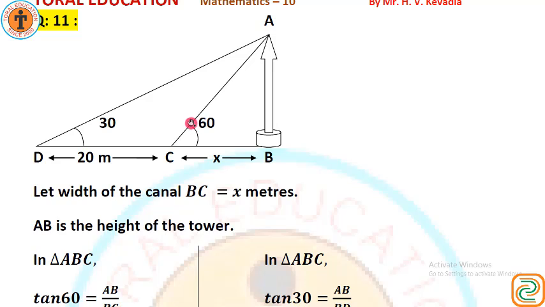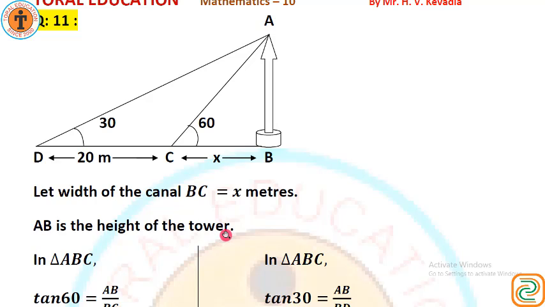From another point 20 meter away, CD is 20 meter, the angle of elevation is 30. Find the height of the tower and the width of the canal. We need to find AB and BC. Let the width of the canal BC equal x meter, and AB is the height of the tower.